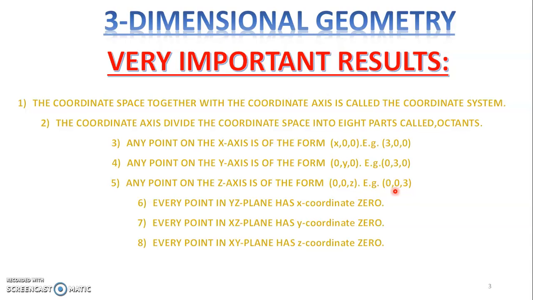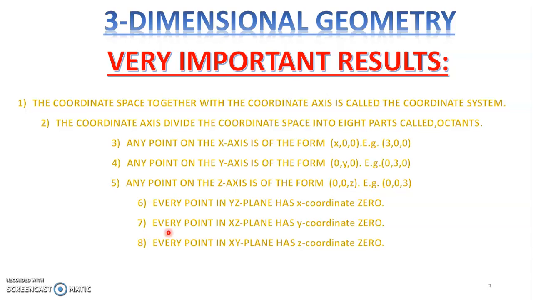Another important thing, sixth: every point in the YZ plane has X coordinate 0. Keep this in mind. Seventh, that is what I explained in the figure, students. I was explaining this YZ plane in the previous slide.